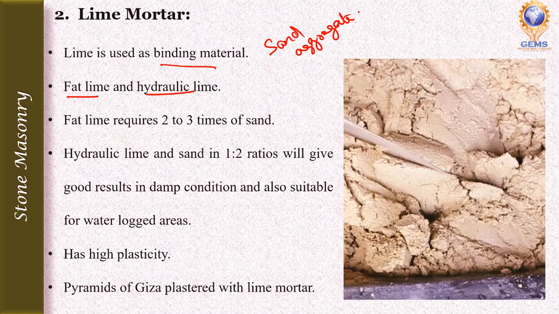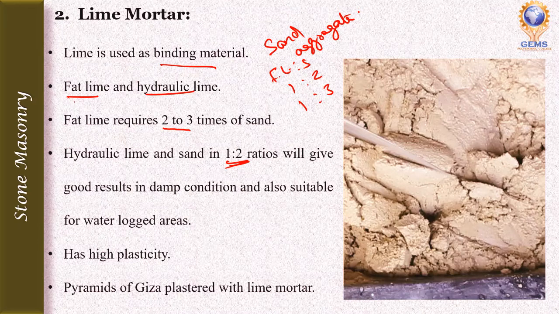The fat lime in lime mortar requires 2 to 3 times of sand. That is, the fat lime to sand ratio is 1 to 2 to 1 to 3. So for anything between 1 to 2 and 1 to 3, we can use the fat lime. And hydraulic lime and sand will have the ratio of 1 to 2.